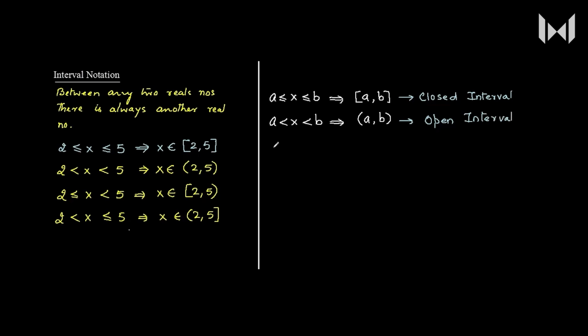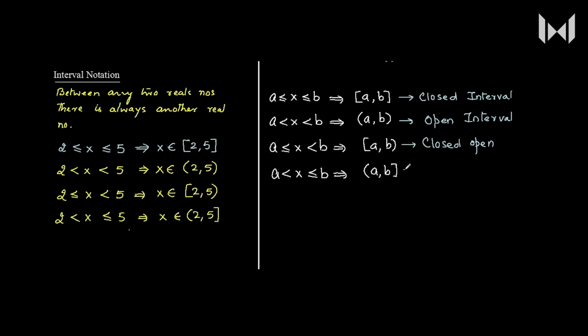Then the third one, a less than or equal to x less than b, is written this way, [a, b), a closed open interval. And then comes the last one, a less than x less than or equal to b, and it is written (a, b], and this is called an open closed interval.